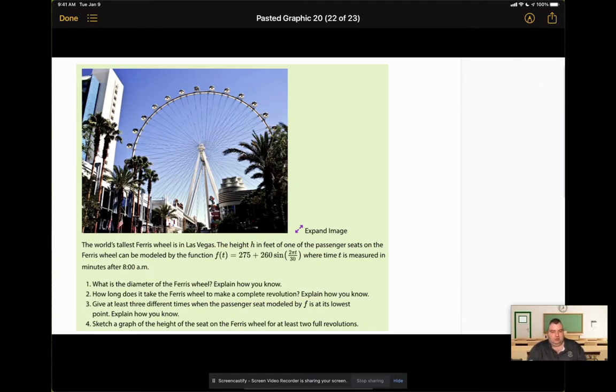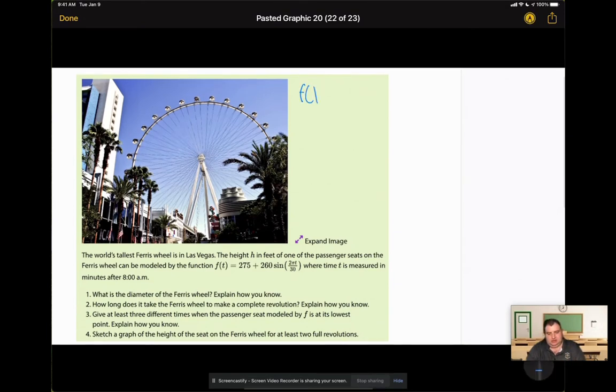Now, what I want to do before we answer the question is just to show you that we can actually take the function and rewrite it. So 2 pi t over 30. And I could write that plus 275 at the end here to make it look a little bit more familiar to what we've seen in the past.